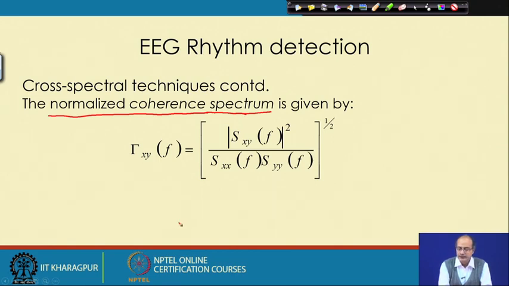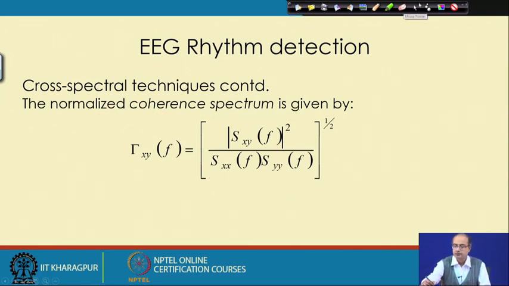In the same way, here we are normalizing the signal with the help of the energy of the signals x and y, and the motivation is the same: it should stay within a band rather than getting affected by the scaling or the amplitude of the signal.